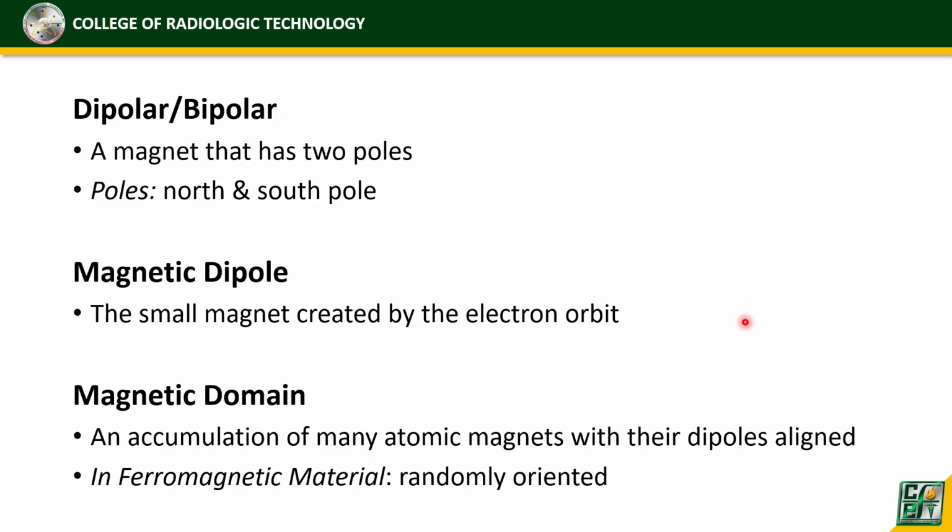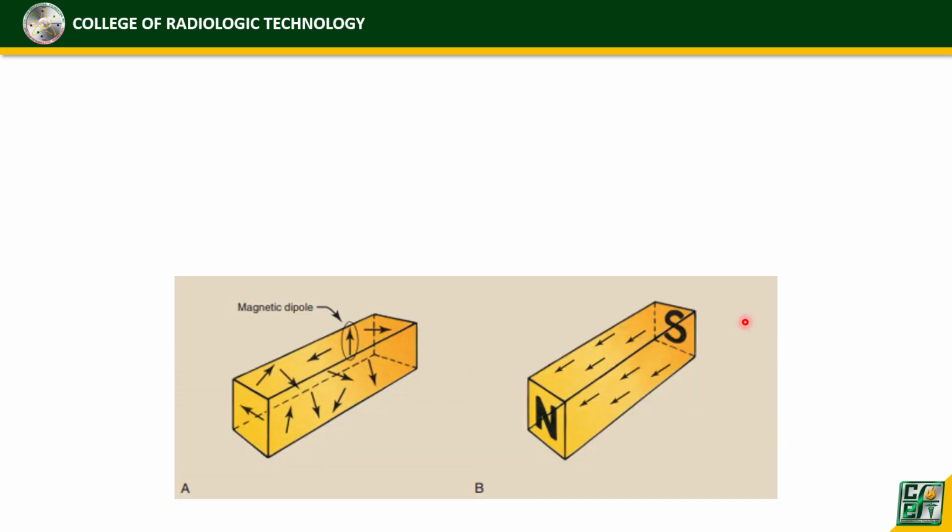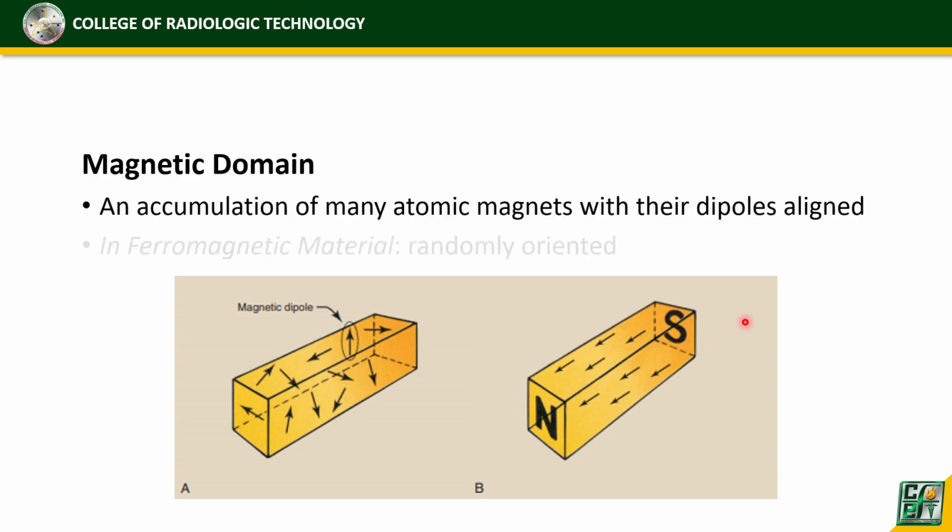Kaya pag in-applyan siya ng magnetic field, nag-align siya into one direction only. Okay, so yan yung example. So magnetic dipole. Okay? So pag nagkaroon siya ng magnetic field, nagkaroon lang ng isang direction. Okay?